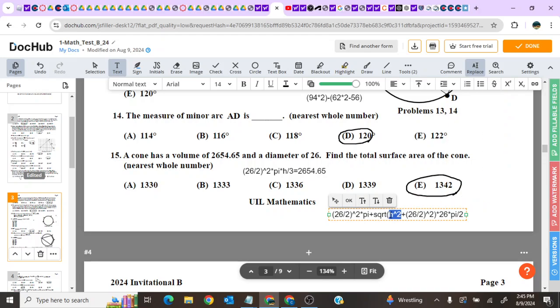Basically, you need to use the Pythagorean theorem from the height and the radius to figure out the length of the slant line of the cone. And then you multiply that by the circumference, so 26 pi, and divide by 2. If you do that, you'll get a surface area of 1342.